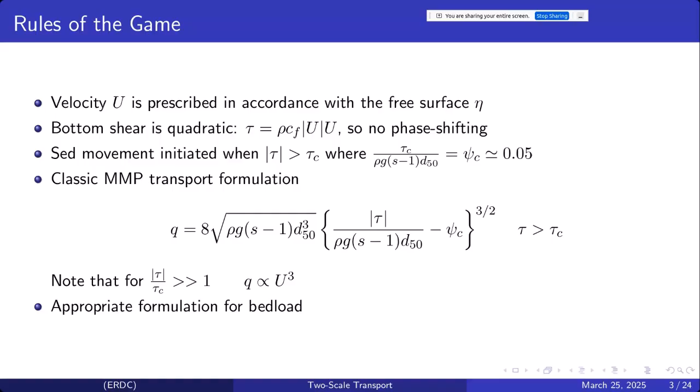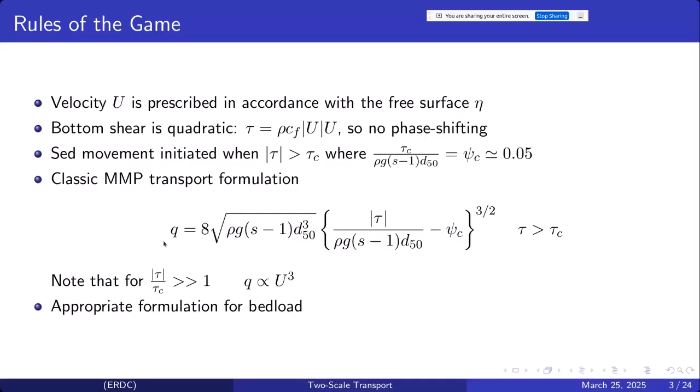It's typical to use a critical shear stress of about 5% when you're calculating sediment initiation. And then I chose for this little example one of the very simplest models that you can write. It's just based on the excess shear stress.